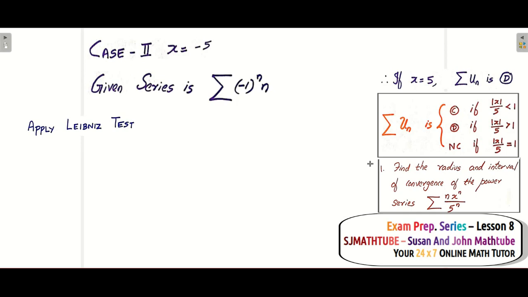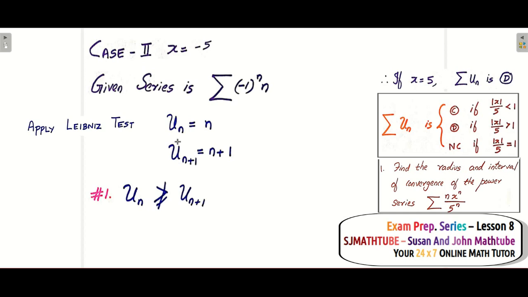Okay, so let's write un and un plus 1. And I'm sure you know there are two conditions in Leibniz test. If one of them fails, then it is not convergent. If both of them are satisfied, then it is convergent. Okay, so number 1. Look at this. N and n plus 1. Is this bigger or smaller than this? Okay, that's it.